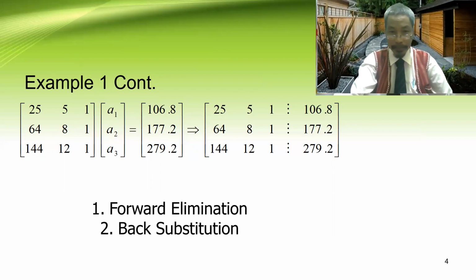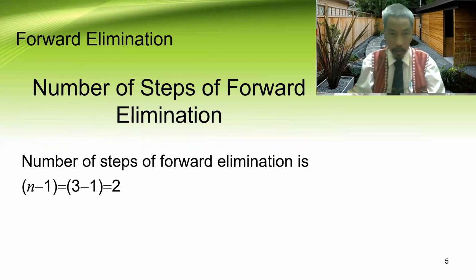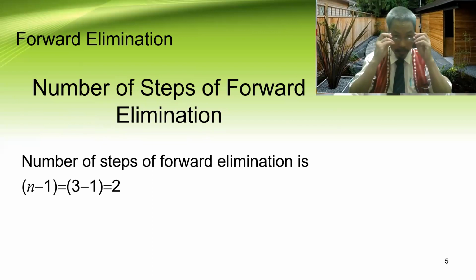Okay. So let's go to the forward elimination. First step: the number of steps of forward elimination. Because we have n is equal to 3, n minus 1 is equal to 2. So there are 2 steps for our forward elimination.